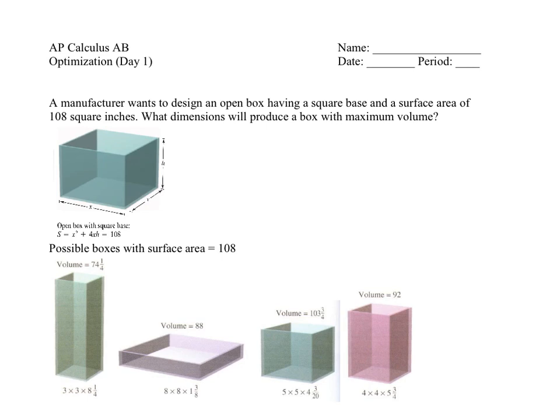A manufacturer wants to design an open box, so no lid, having a square base and a surface area of 108 square inches. What dimensions will produce a box with a maximum volume? Okay, so we kind of present the issue here.